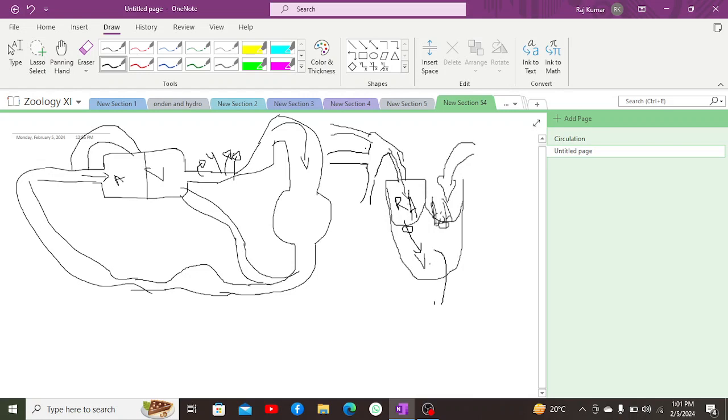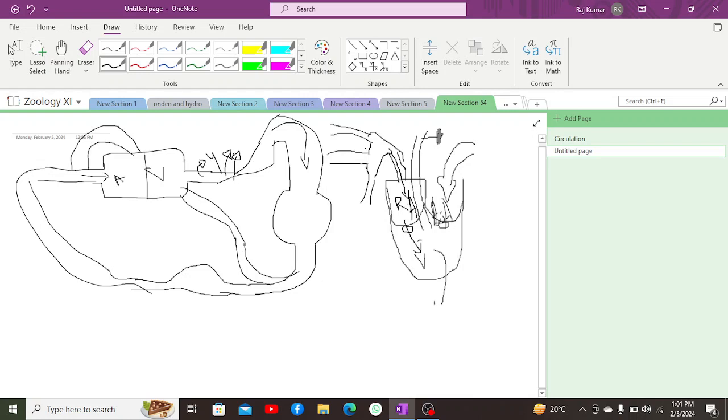And here this mixed blood, due to incomplete double circuit circulation, is kept within the ventricle, and from the ventricle there is arisal of an aorta which is known as truncus arteriosus or conus arteriosus, which further branches into six arteries: two systemic arches, two carotid arches, and two pulmocutaneous arches.